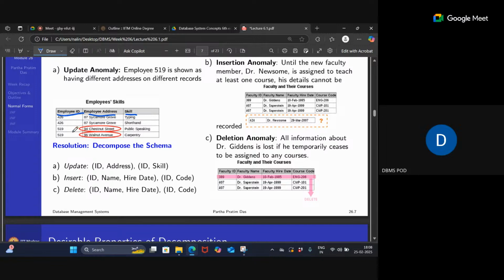But while updating 519, we updated just the first record and forgot the second. So employee ID 519 is shown with different addresses on different records because the update got missed. This is called update anomaly.